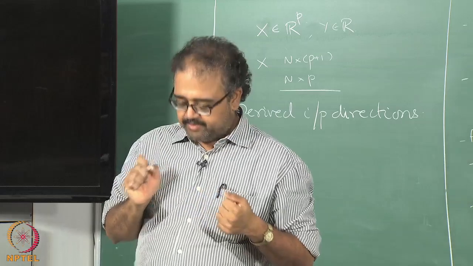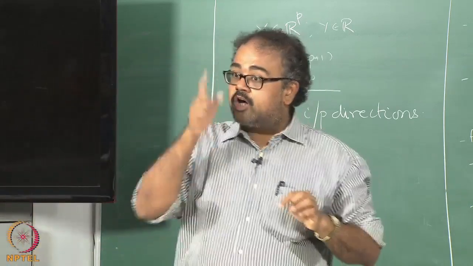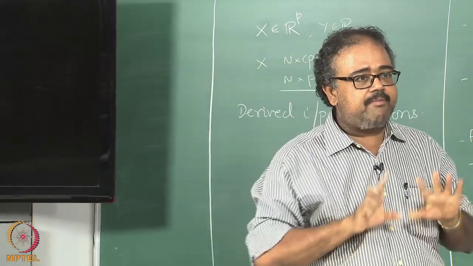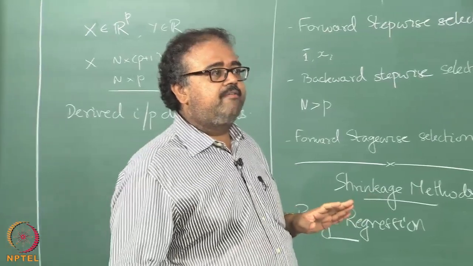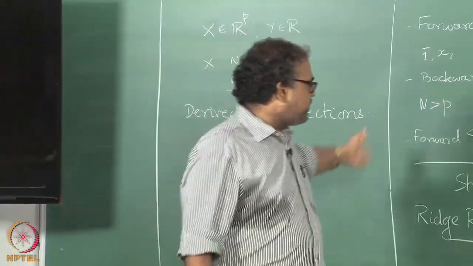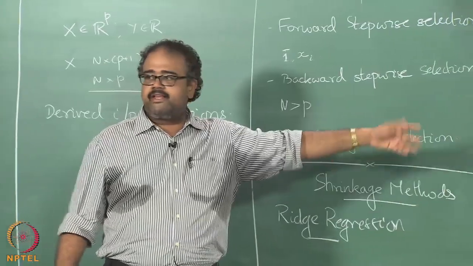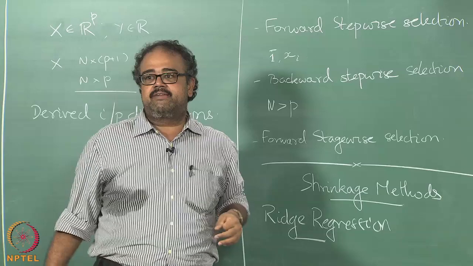What are the basis vectors we are talking about here? The columns of the X matrix. The columns of the X matrix are the basis vectors. So we are working with the same columns that were given to us. In one case we picked some columns and threw out some of the other columns, in the other case we tried to continuously adjust the weights of the columns so that some of them were given more weight and some were given less weight.